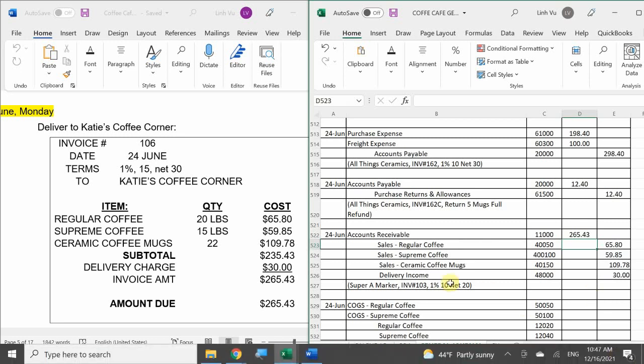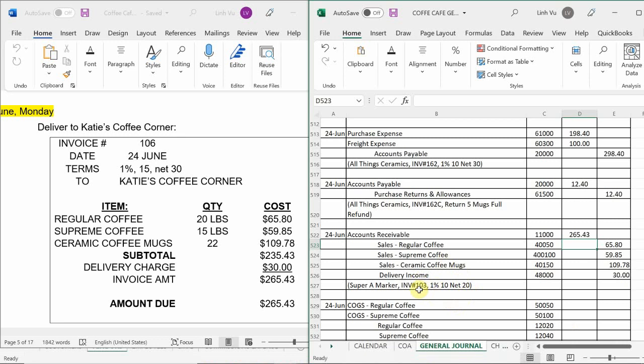And let's edit the information down below. This is Katie's Coffee Corner. Invoice number 105. Terms 1%, 15.